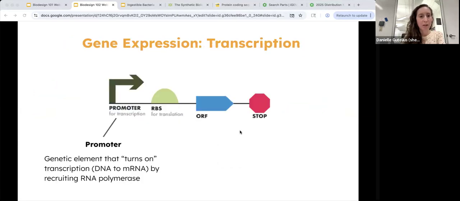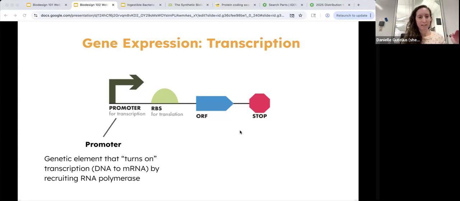Okay. Let's do a really quick overview of transcription and translation so that we understand how all of these parts function. So here we have just a basic gene, right? We've got our promoter, ribosome binding site, open reading frame or coding sequence, and our terminator. The promoter is going to be at the front.